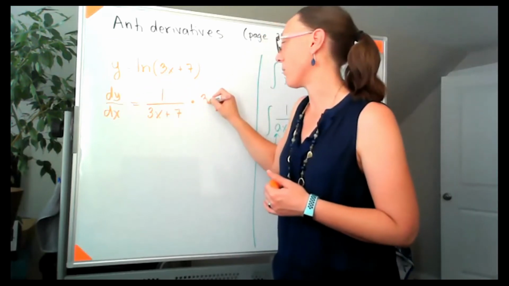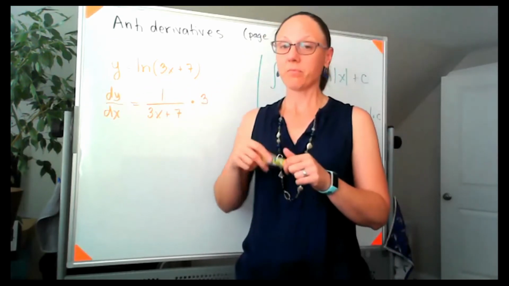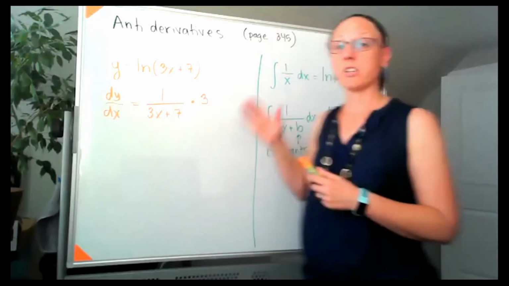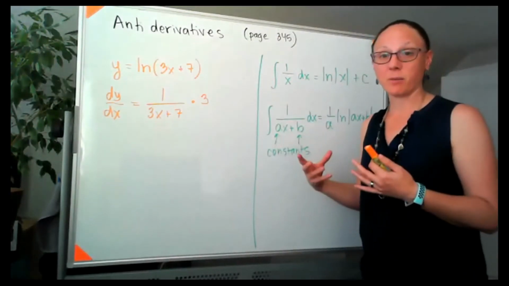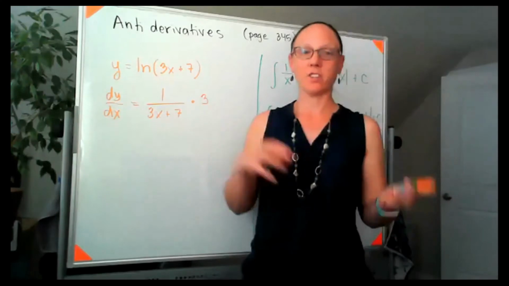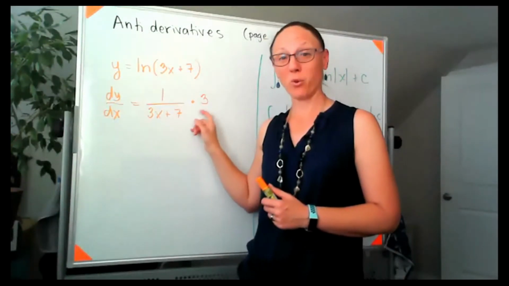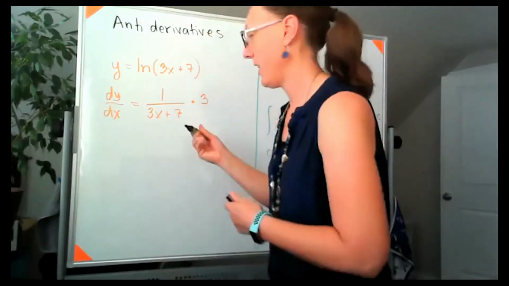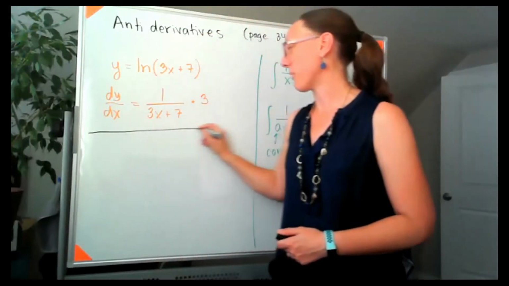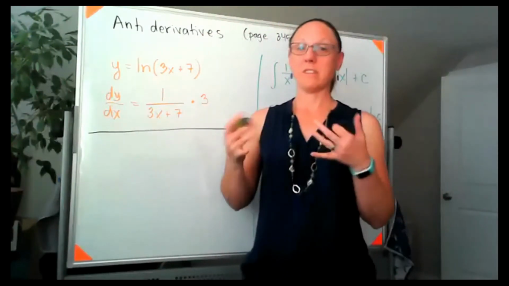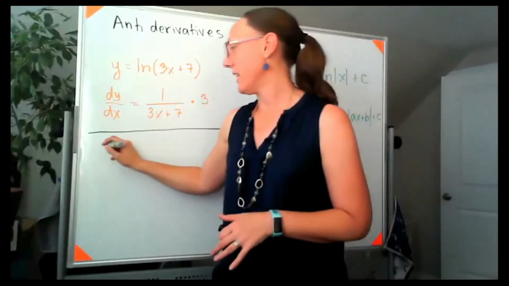So it would be times 3. Whenever we're adjusting by that constant because of the chain rule, when we were taking derivatives, we would end up multiplying by that constant. And now that we're doing antiderivatives, we're going to end up dividing by that constant.